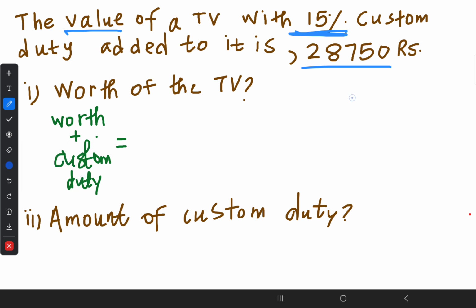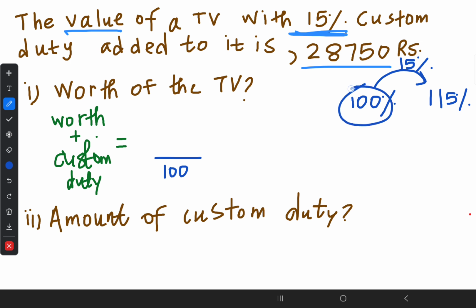Initially, when I take 100 percent, that is the original price of the TV. With the addition of 15 percent tax, it will be sold at 115 percent. So worth plus custom duty, both together, is 115 over 100 of the original price of the TV.